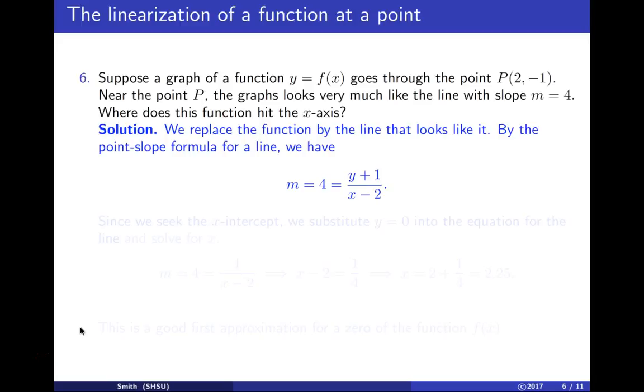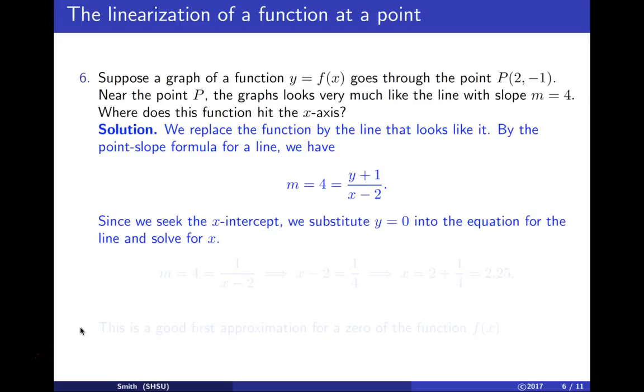We're told that the function looks like a line of slope 4 through (2, -1), so let's use the point slope formula. The slope is 4, which is rise over run, or (y minus -1) over (x minus 2), which is the same as (y plus 1) over (x minus 2). And so if we want the x-intercept, then I need to find out where y is 0.